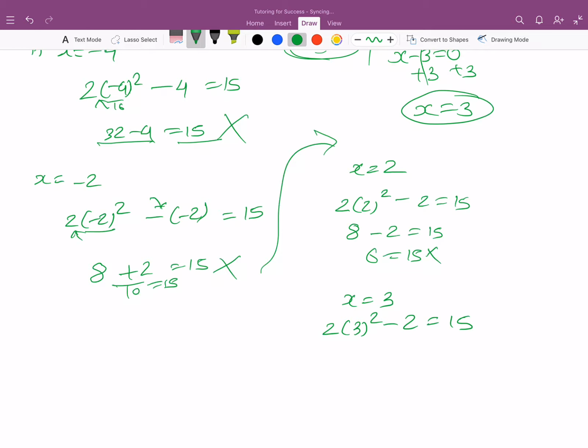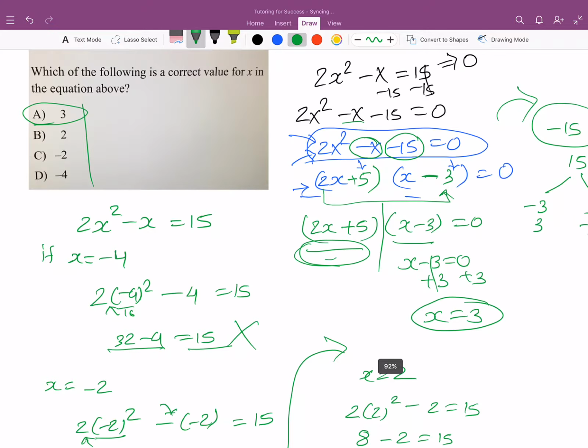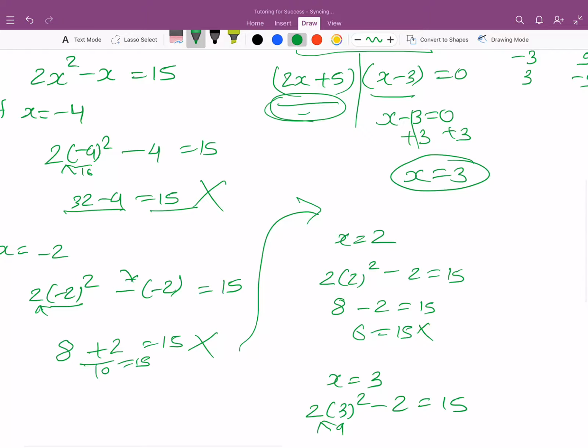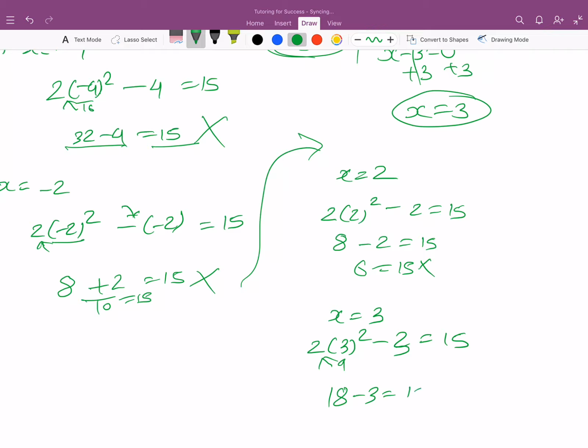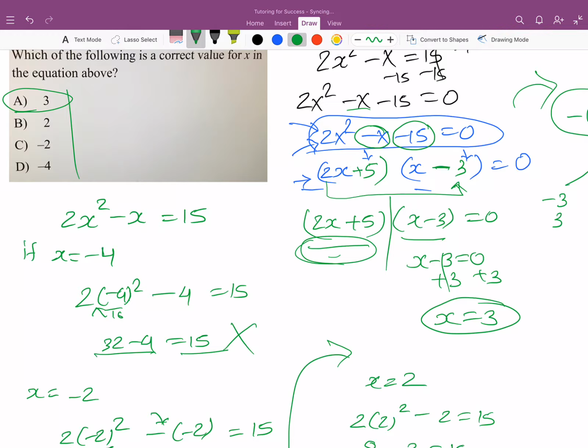We have 3 squared, which is 9. Multiplied by 2 is 18. 18 minus 3 equals 15. 15 is equal to 15, and yes, this is a valid statement. So your value of x is 3.